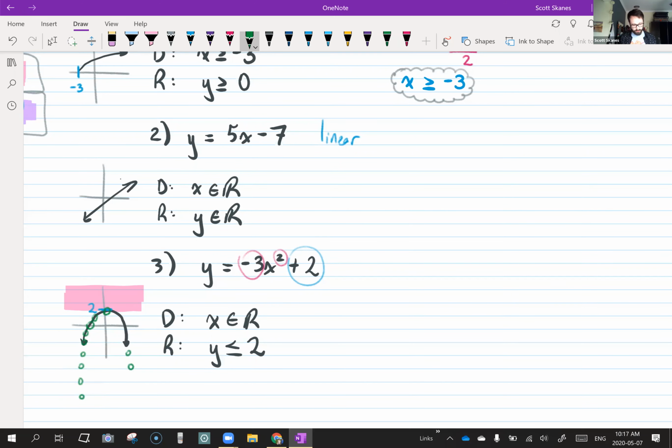All of these values would exist. We could find all the y values. But you can't tell me that this function has a y value of 3 at any point. It doesn't exist above 2. So that's how you figure it out for these types of questions.